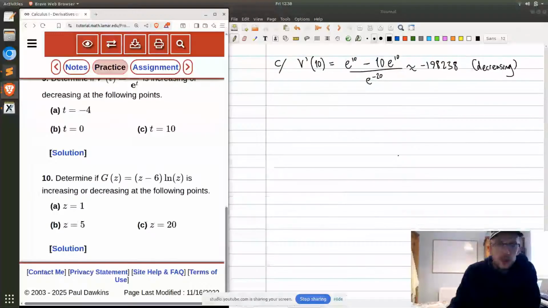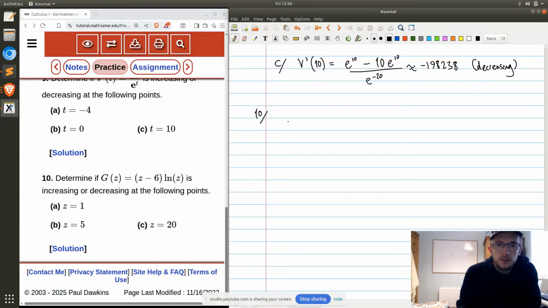Okay, last we have g of z, which is z minus 6 all times ln of z. So compute the derivative. So g prime of z, well, that's just ln z plus, plus sign rather, z minus 6 all over z, just like that.